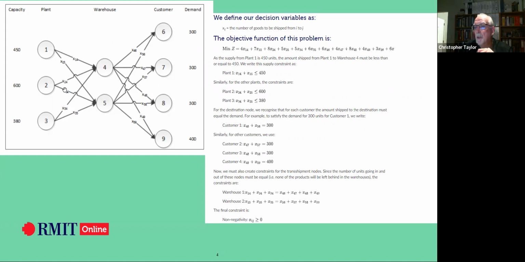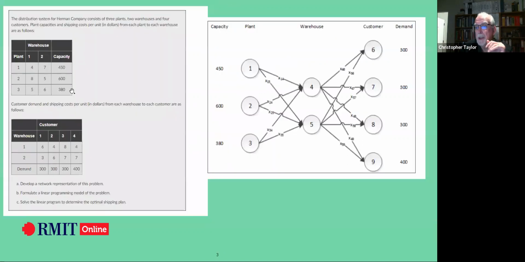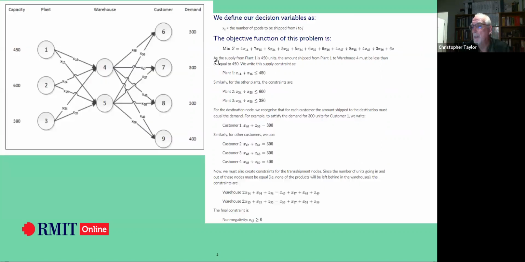Then node 2 to node 4, the next one there. And then node 3 to node 4, and the 5. That number, if we relate back to the table, is the cost of actually sending them there. That's just how we're expressing it in this calculation.